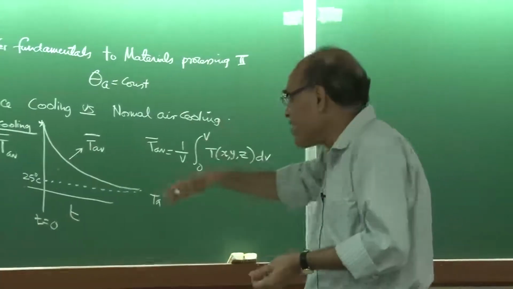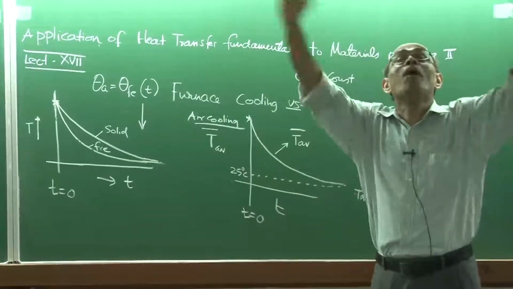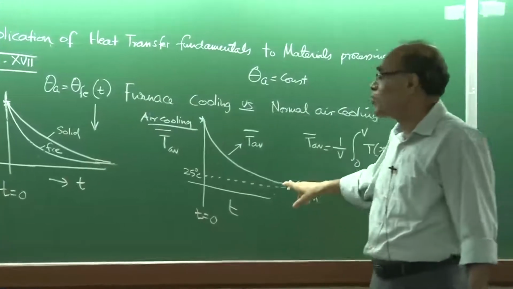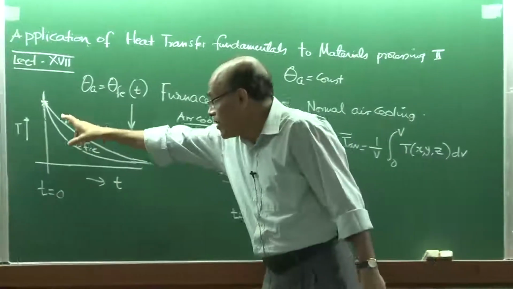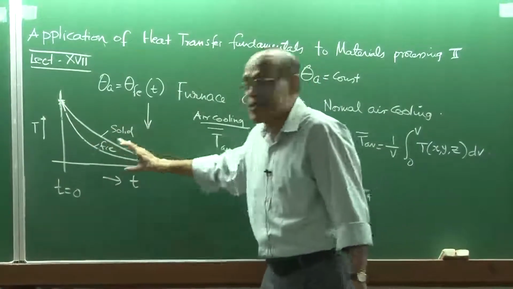It is only at very large time that this temperature may acquire the global ambient temperature, which is the room temperature itself, but otherwise within the process duration, for t greater than 0 to some time, the ambient temperature is always higher.